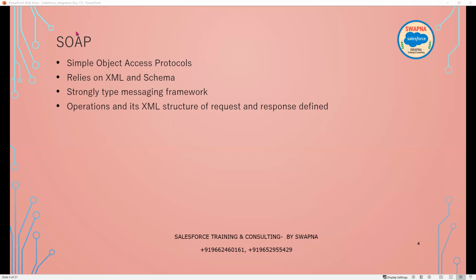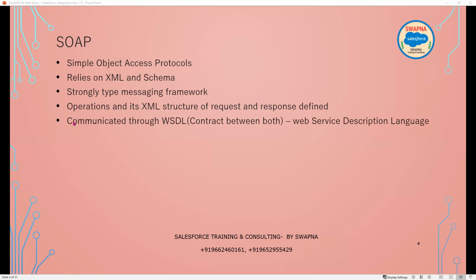Whenever we are implementing SOAP, the Simple Object Access Protocol, to communicate using SOAP you need to have a WSDL file. WSDL is a Web Services Description Language. Through this WSDL, we communicate through SOAP.